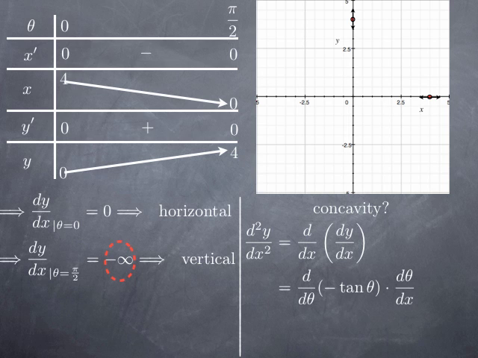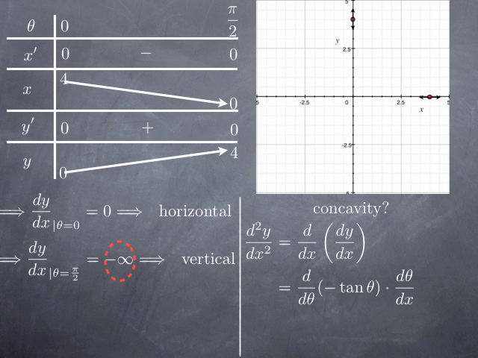So in this case, we can think of that as a rate of change with respect to x of dy over dx, which as a function of theta we have found to be negative tangent of theta. We can use the chain rule here to say, well, the rate of change with respect to x is like the rate of change with respect to theta multiplied by the rate of change of theta with respect to x. And so we get the derivative with respect to theta of negative tangent of theta.